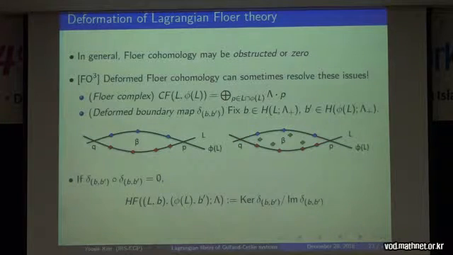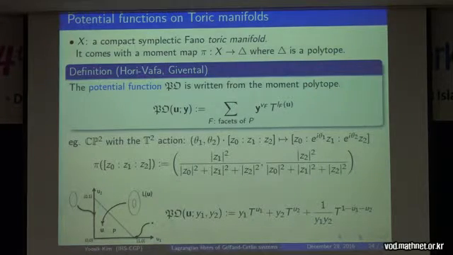These red marked points pass through the designated cycle B, and then we think about all possible insertions and sum them up. Then you get the deformed boundary map. And then again, if the deformed boundary map happens to be 0, then we can define the deformed Floer cohomology. And then let's focus on the toric manifold case.